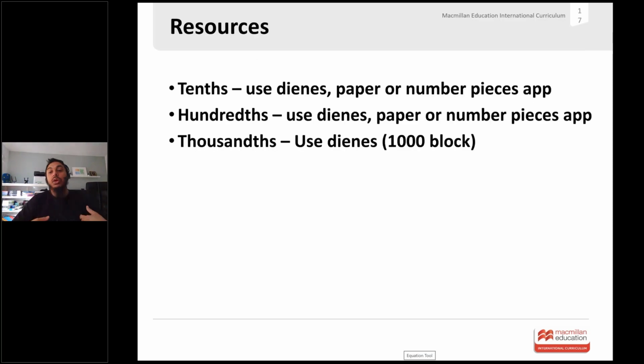So some of you are asking, what's the name of the app? Just to summarize what we've looked at so far. Firstly, we looked at tenths. We used the Dienes blocks, and we used paper. You can do that in your class, and you can also use the app called Number Pieces. That's the name of the app, Number Pieces. If you just type it in a Google search, it will be the first one up there, and it's a free resource.